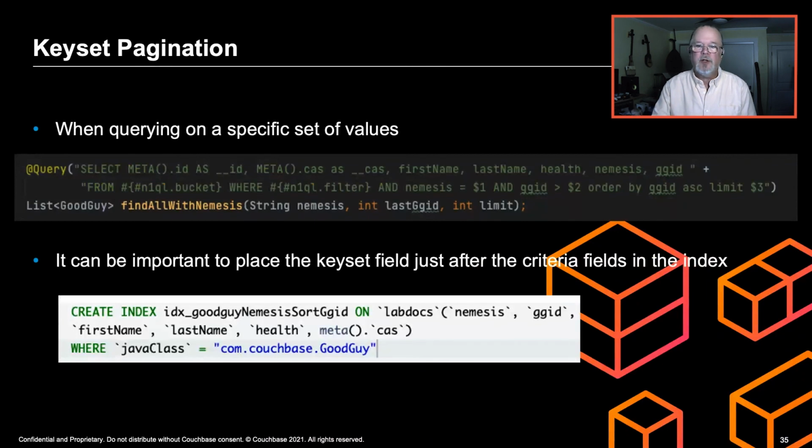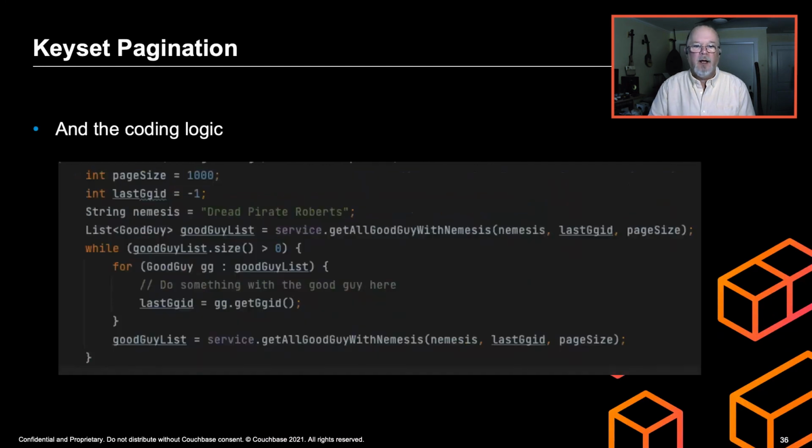So in our index, we have Nemesis first and GGID second. And that allows us to still page on GGID, while filtering by Nemesis. The challenge is this, if you just have both of these indexes in here, this query is as likely to use the other index as it is this one. So that's a challenge for limiting how many indexes you have. And your code basically looks the same.